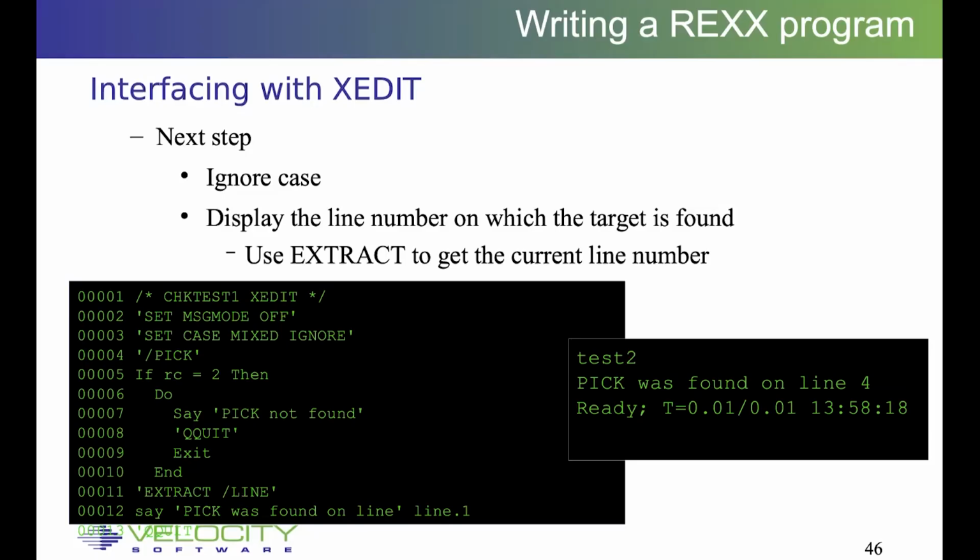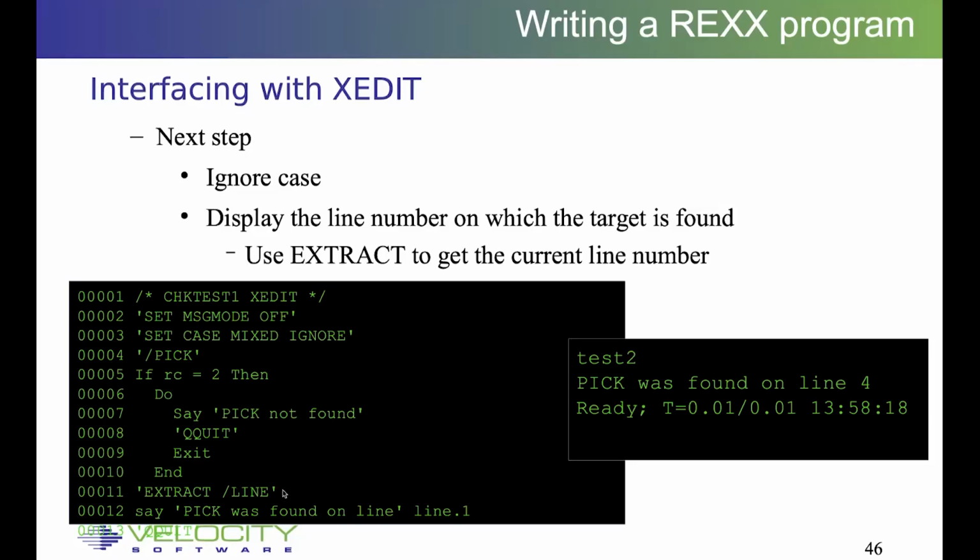When we're doing a locate in an xedit session, the line pointer moves to the line where the term was found. So in this case, the pointer is going to move to the line where it found pick, and that is what we're extracting from the editor.